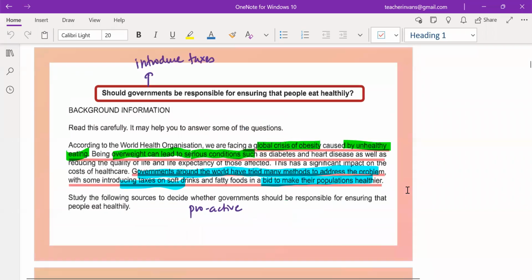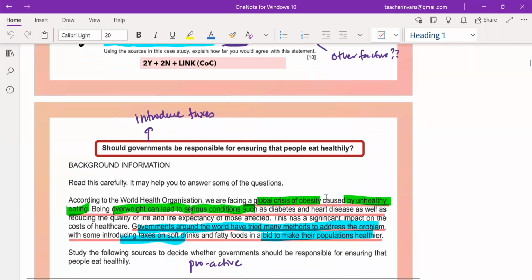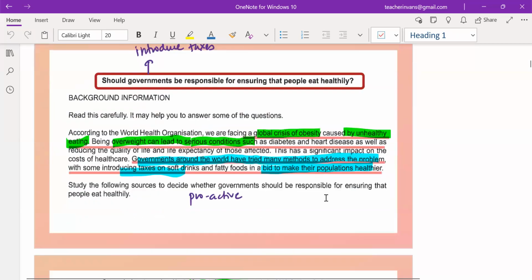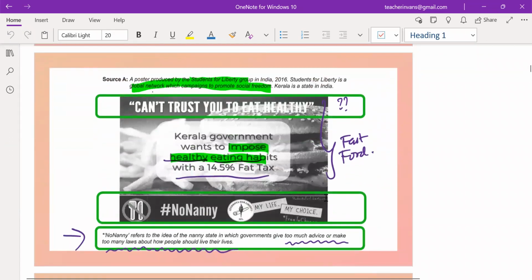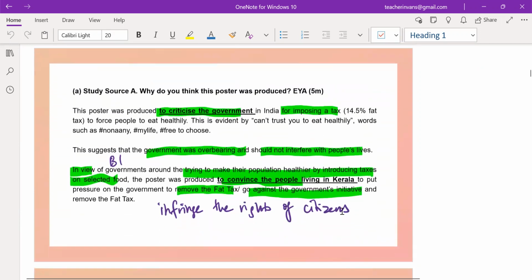If you were to go back to question 5, every time after you finish one source, always go back to question 5 and think, would introducing this law or taxes be the best way to make people eat healthily? And you can see that just based on source A itself, it may not be successful because people find it an infringement on the rights of making that informed decision.